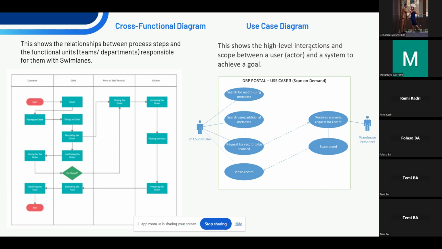If, for example, in an organization, they want to tell you what the different scenarios are for using an application or a product, they're asking what are the use cases. How many ways can you use this particular product? So it's called a use case. But then within process mapping, there is something called a use case diagram.